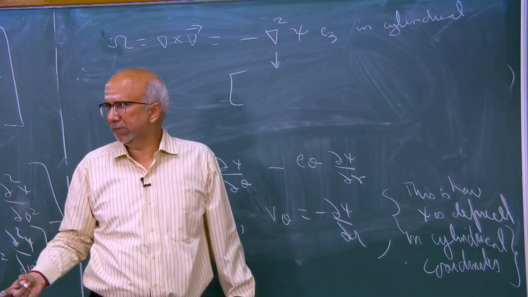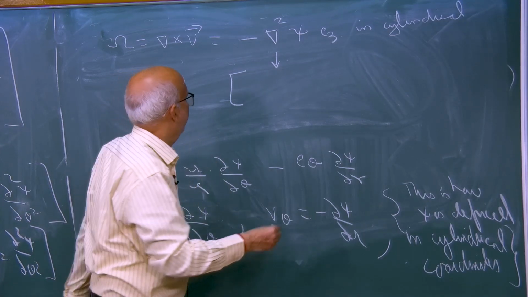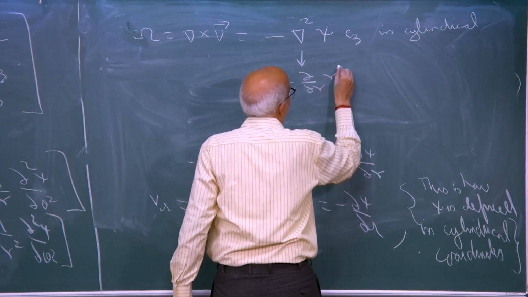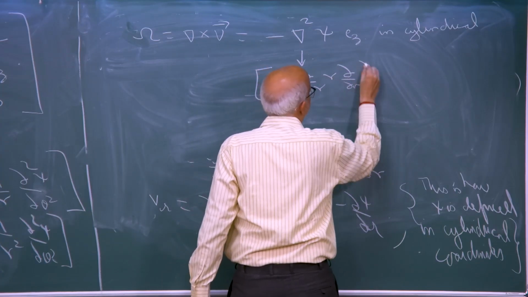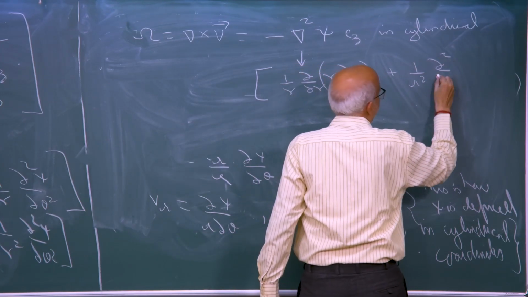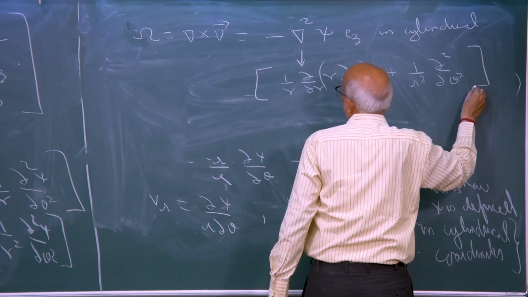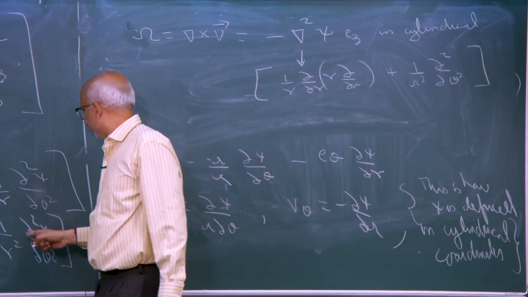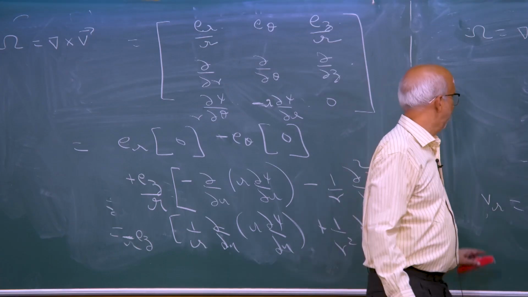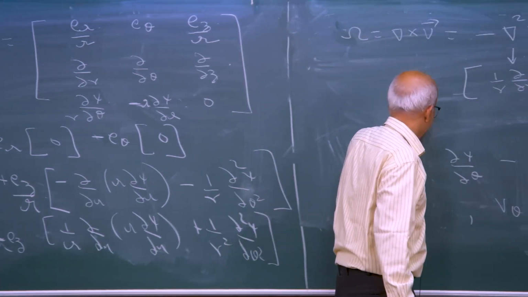You should be able to extend it to other cases. Del square is 1 by r d by dr of r d by dr plus 1 by r square d square by d theta square. So this is very similar to the operator thing that we spoke about. This is like a del square operator.